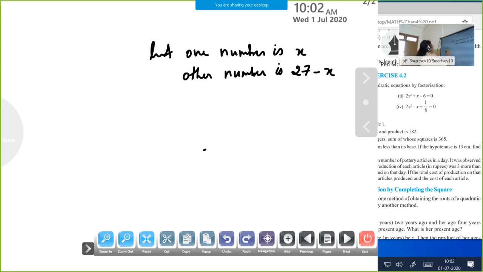And given the condition according to our question, the product of the two numbers is equal to 182. That is, the first number x into the second number 27 minus x is equal to 182.